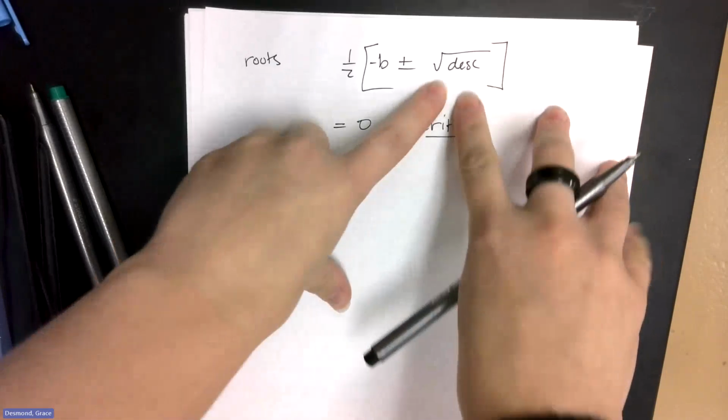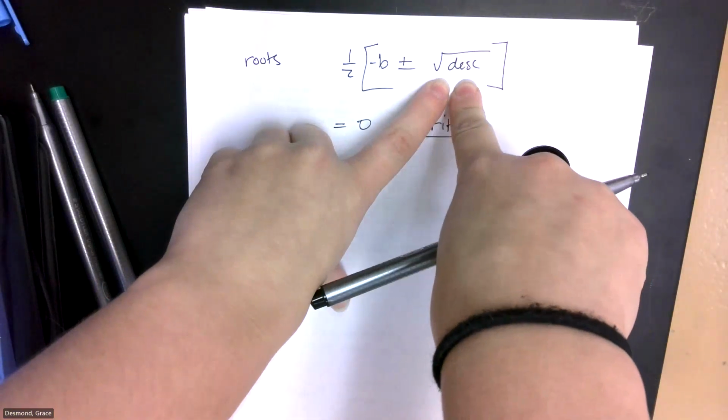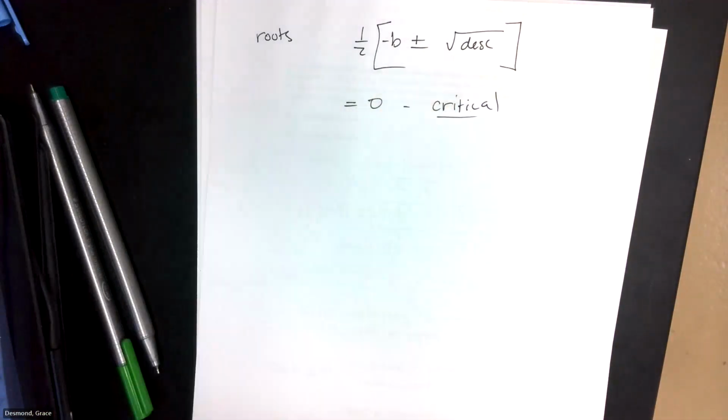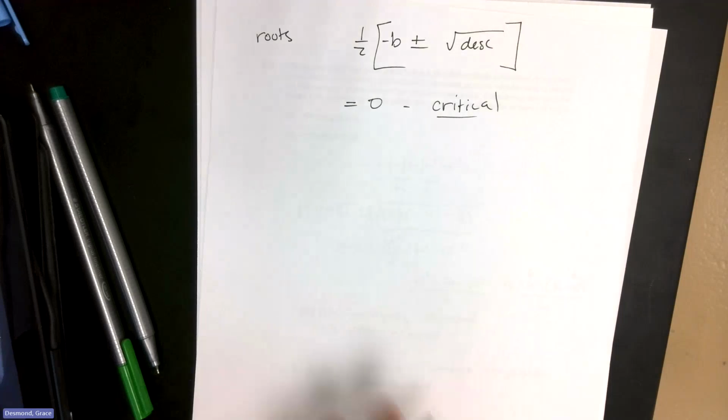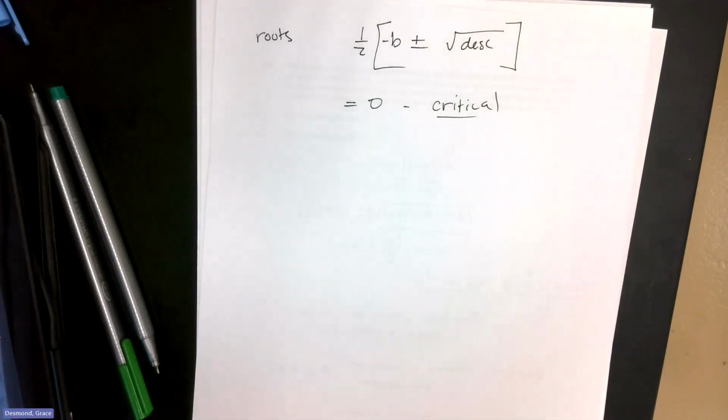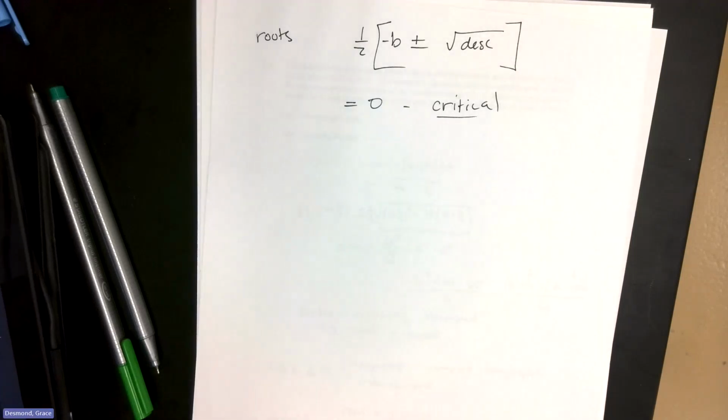If it is positive, then the square root of a positive number is going to be a positive number, and then it's going to be plus or minus that positive number. That's why they're going to be real, unequal values. And that's where you get, I need to pull up the chart.